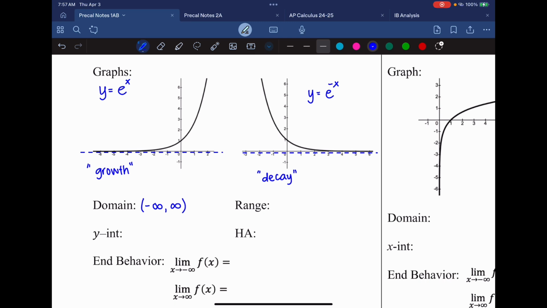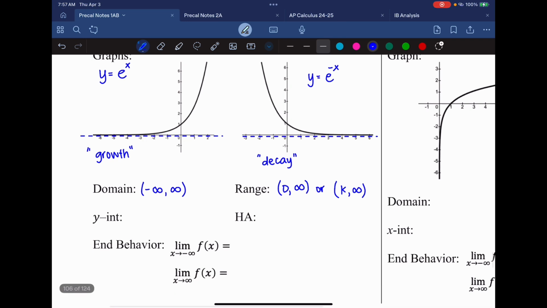So your range is going to be, for the parent function, from 0 to infinity. If you have any kind of vertical shift up or down, that's going to shift that horizontal asymptote. So that would be determined by the k value in your equation.